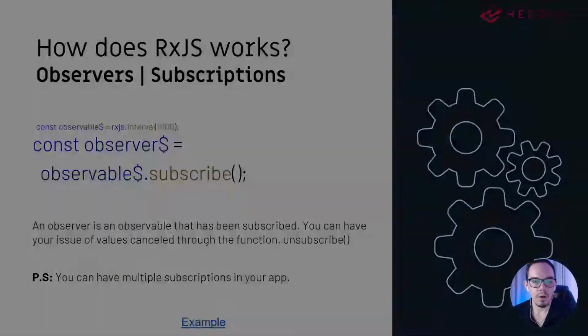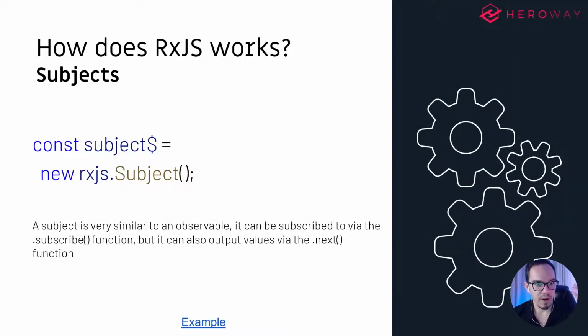Well, and lastly, we can understand how a subject works. Subjects are very important in RxJS because we can create an observable and subscribe to this value, but we can also emit values to it using a subject. It will allow us to be much more precise in order to emit a value and to manage the content we are going to use in our application.